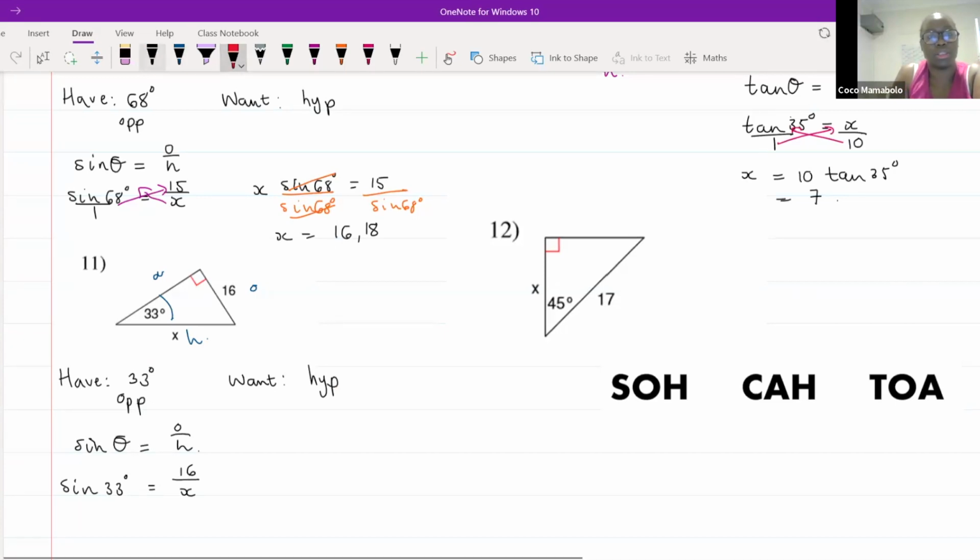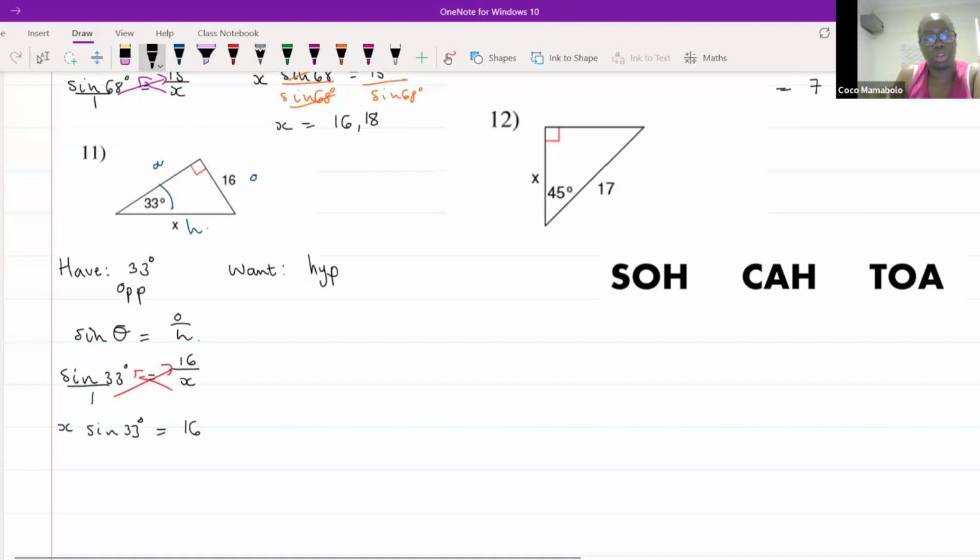As always, I'm going to put this over 1 and cross multiply. I'm going to end up with x sine 33 is equal to 1 times 16, which is 16. Then we're going to divide both sides by sine 33 to get x on its own.